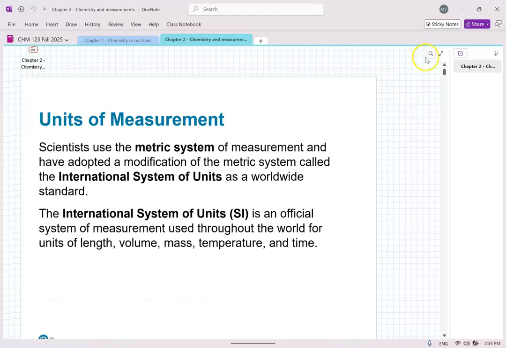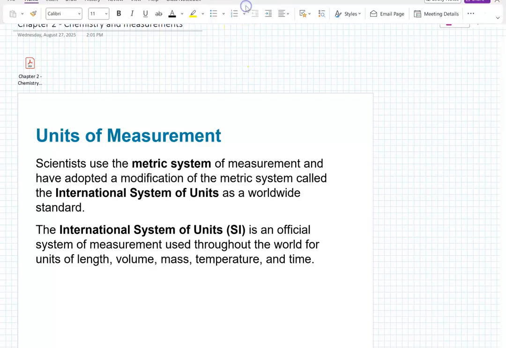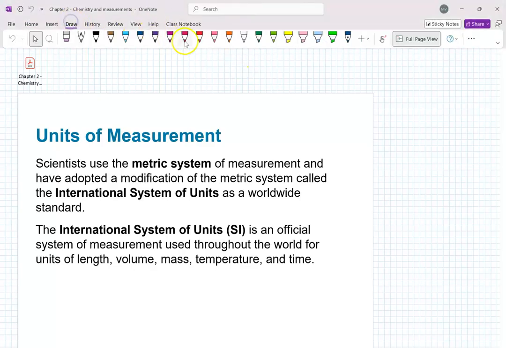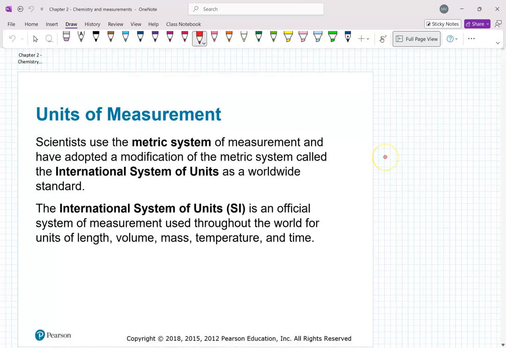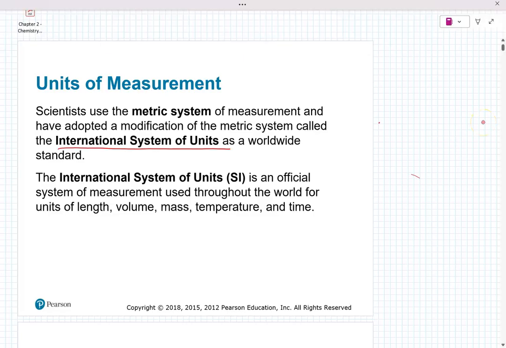So scientists use the metric system instead of the imperial system because it makes sense, unlike the imperial one. One of the versions of the metric system, called the International System of Units, is pretty much a standard that is used in chemistry.